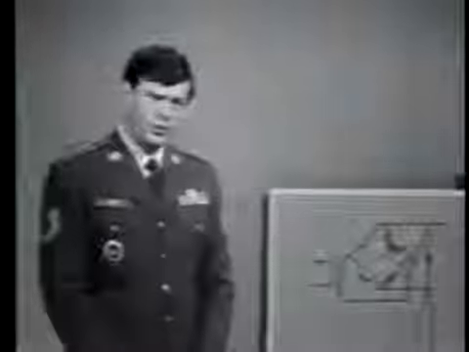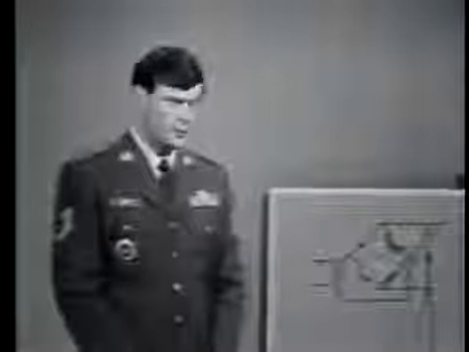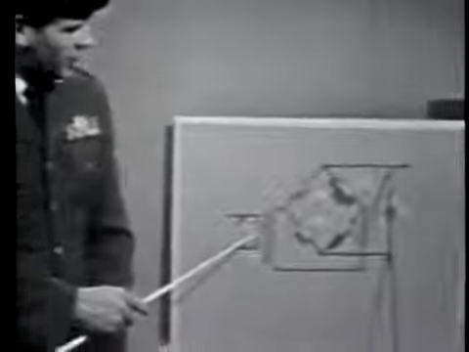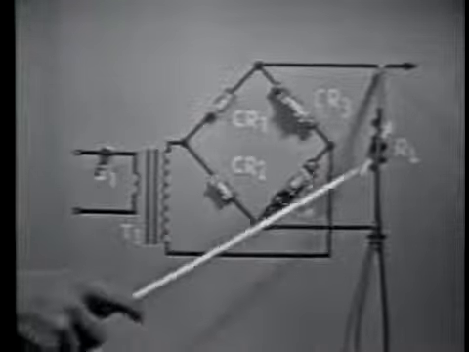Since the voltage doubler is similar to other rectifiers, we'll use this bridge rectifier circuit to demonstrate the principles of voltage doubler operation. It consists of a transformer, 4 diodes, and the load in the circuit is represented by a variable resistor which we've labeled RL.